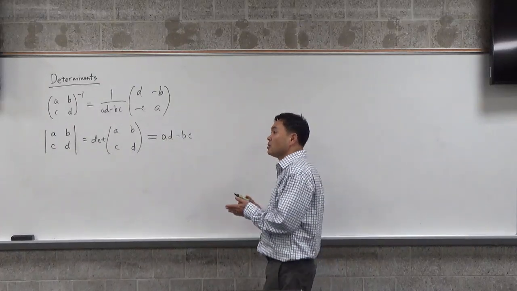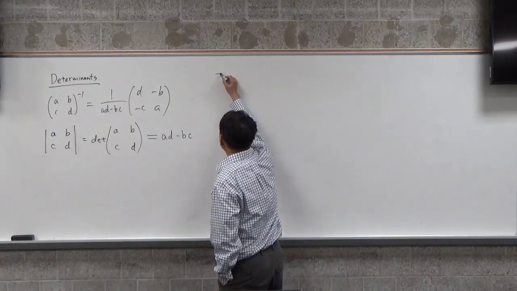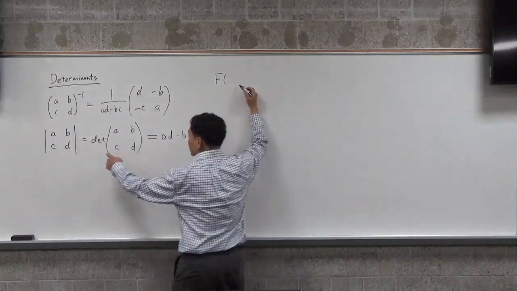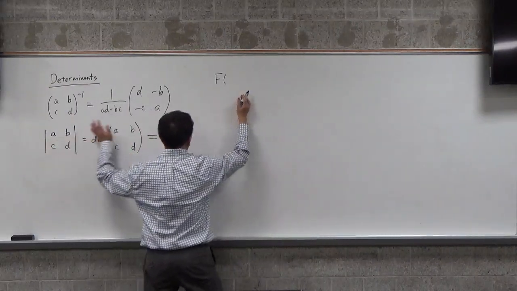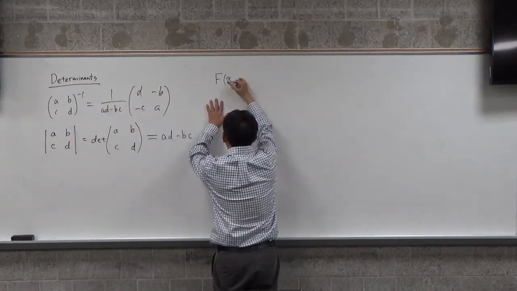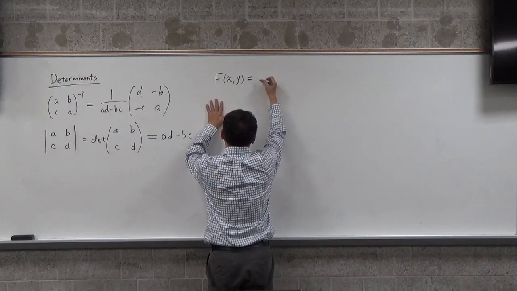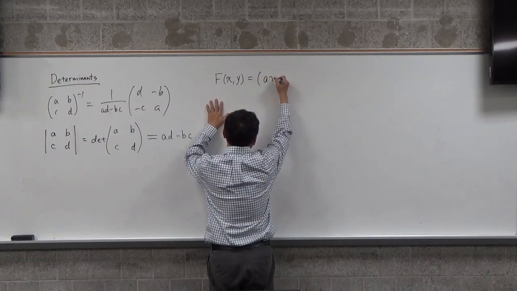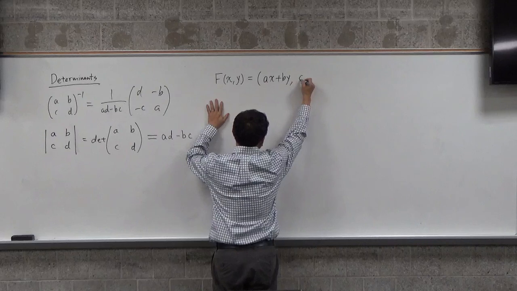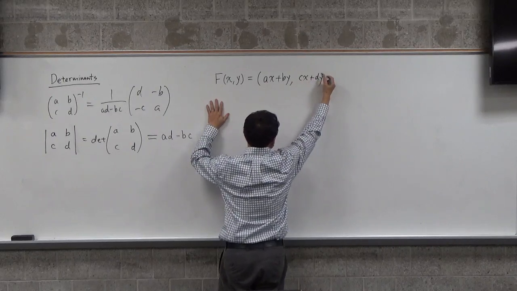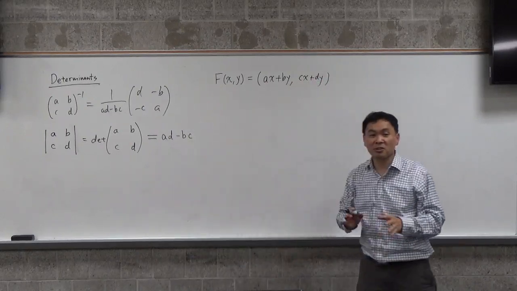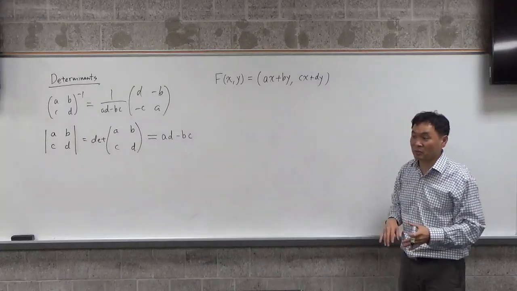So let's say you have matrix ABCD, and think about the corresponding transformation, which is AX plus BY, CX plus DY. That's the linear transformation that corresponds to ABCD.